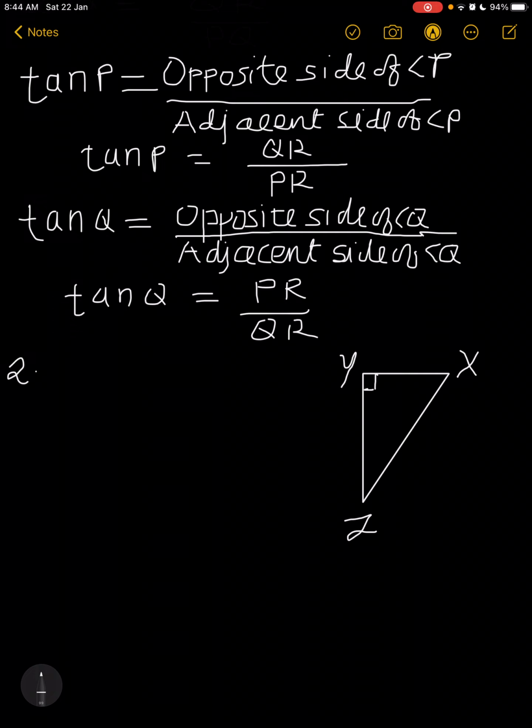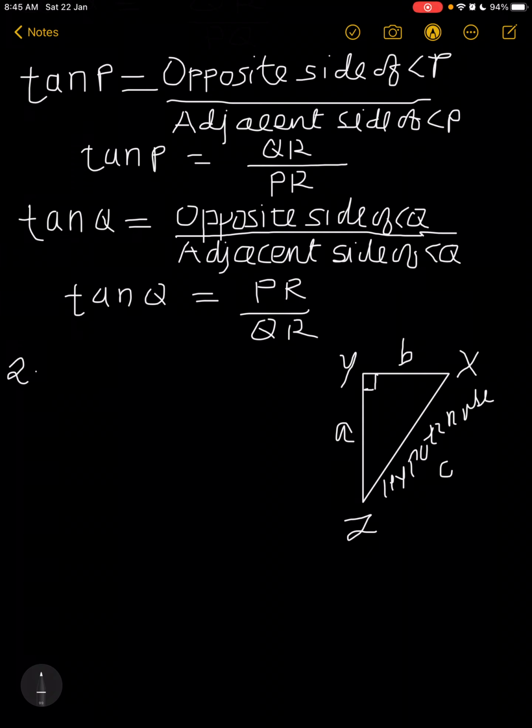Angle Y is a right angle, so XZ is the hypotenuse. This time we have length a for YZ, b for XY and c for XZ. These are the three sides and three lengths. In right angle triangle XYZ, angle XYZ is 90 degrees, and a, b, c are the lengths of the sides as shown in the figure.